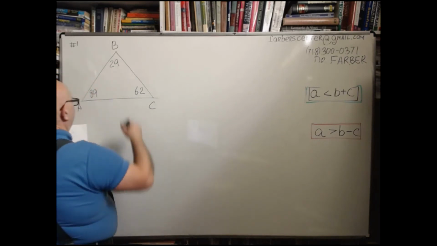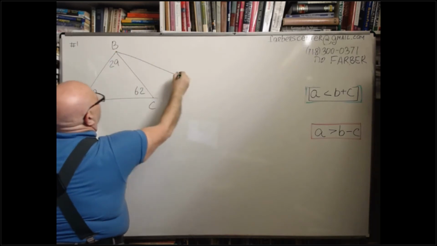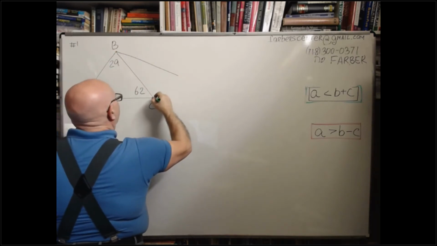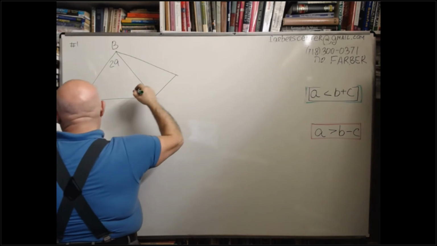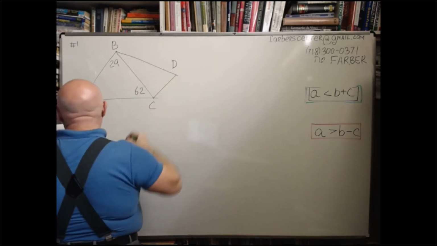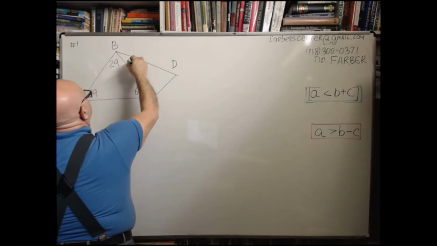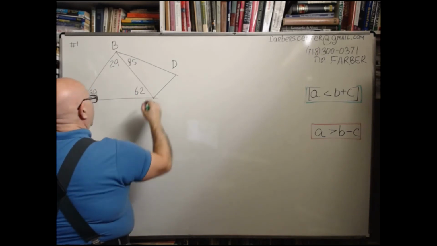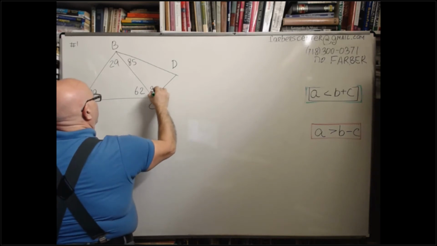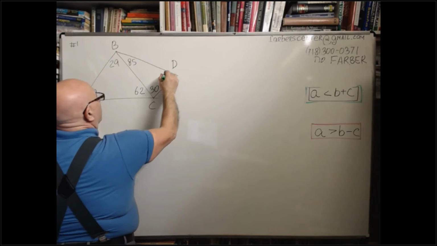Well, not to scale again, right? And this is B, D, C, 85. This is 30 degrees, 65 degrees.